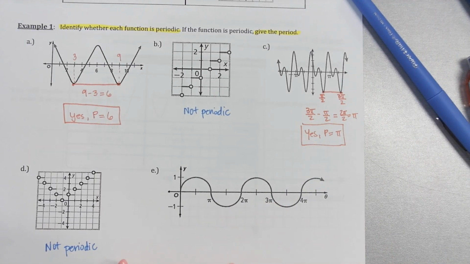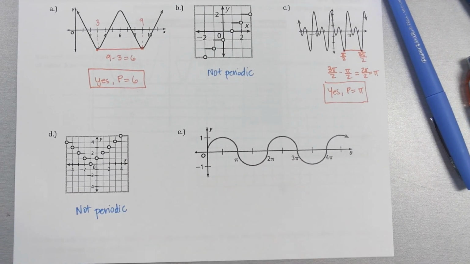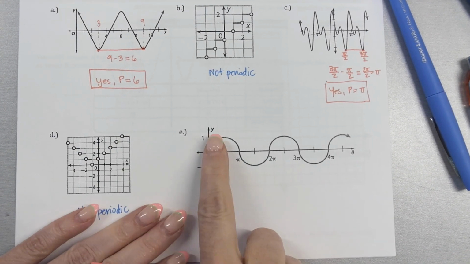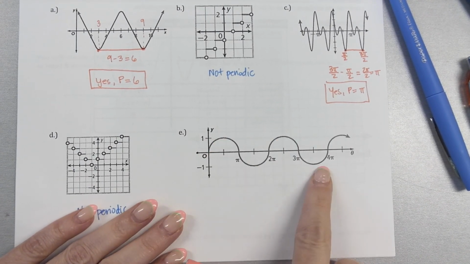Now I want you to try to find the period for part E. Again, a strategy should be either go max to max or min to min.